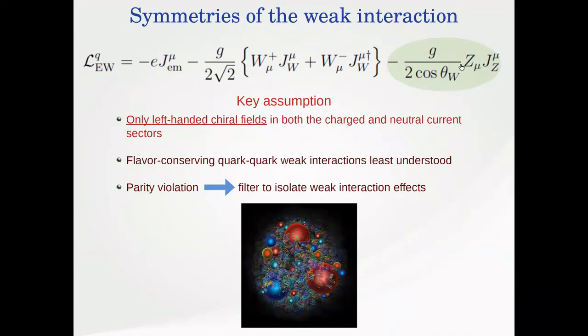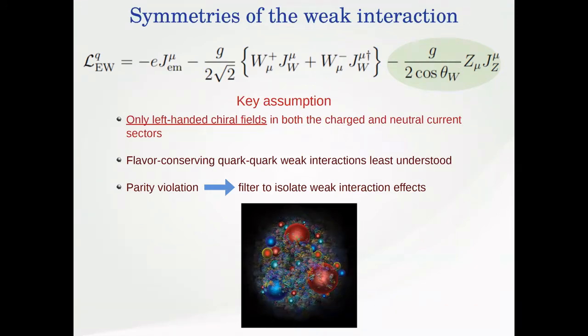So it's a flavor conserving, parity violating quark-quark weak interaction. But since it's happening in this really messy nucleonic environment with a lot of gluon exchanges and strong interactions, it's really complicated because the physics here is very non-perturbative. So it's hard to calculate. It's not very well established how the strong interaction effects affect the weak interaction physics within a quark-quark neutral interaction.